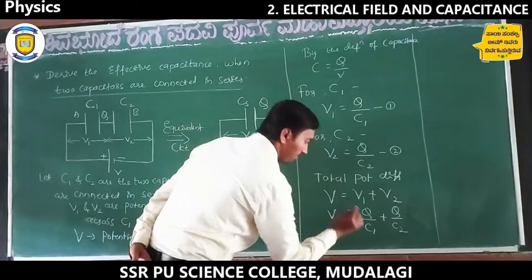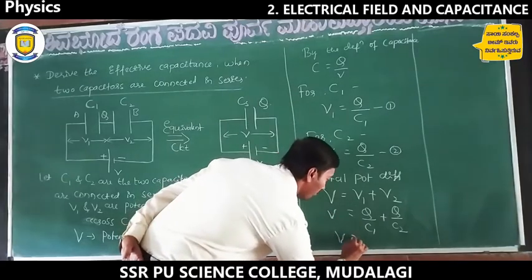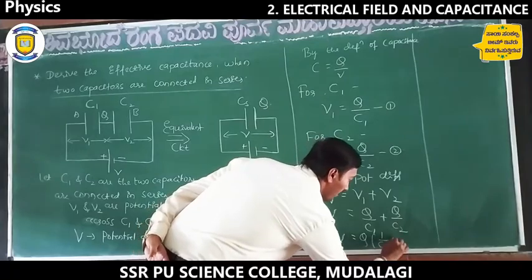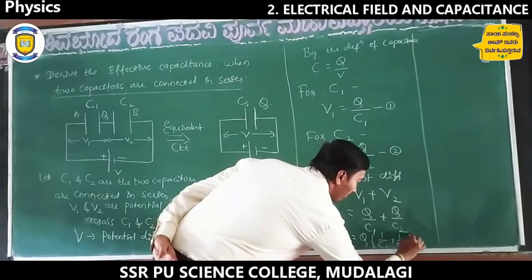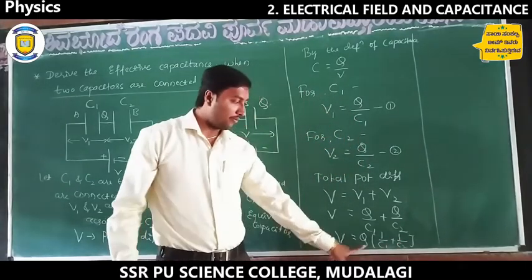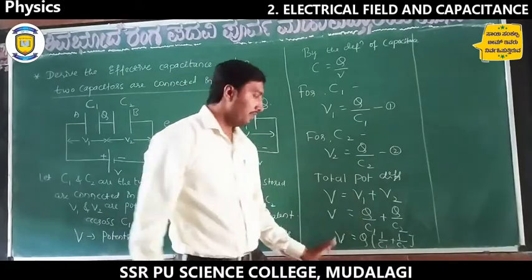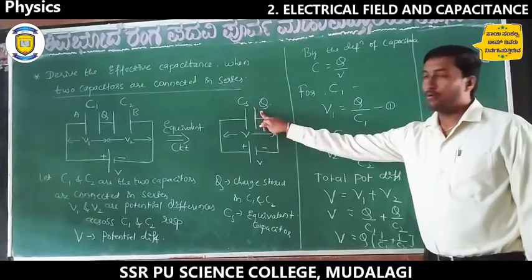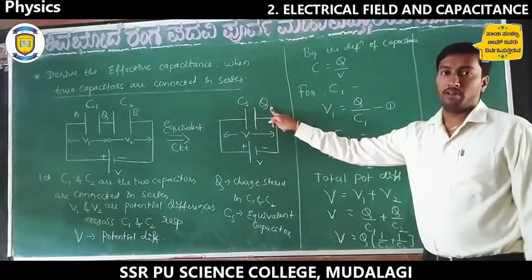So V is equal to Q, which is common, times 1 by C1 plus 1 by C2. This total potential difference is replaced by the total equivalent capacitor and the total charge Q.